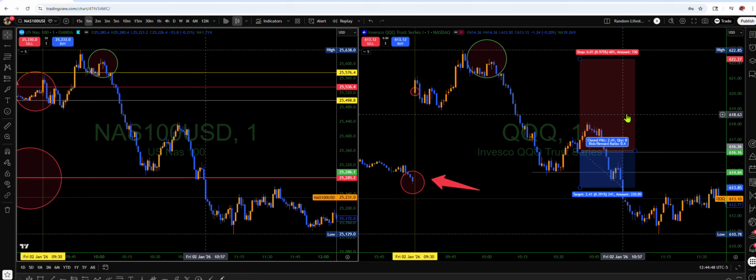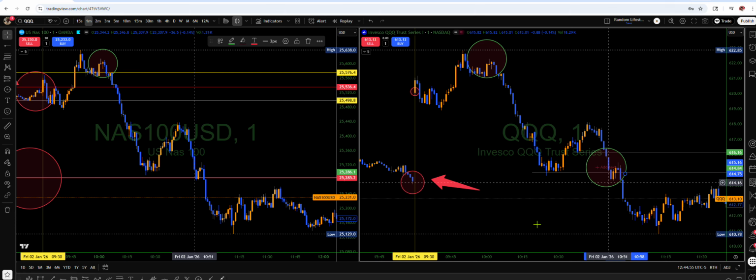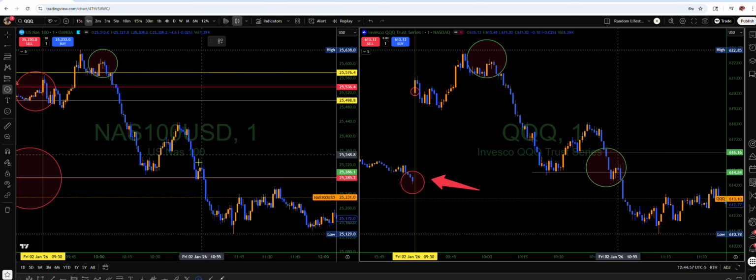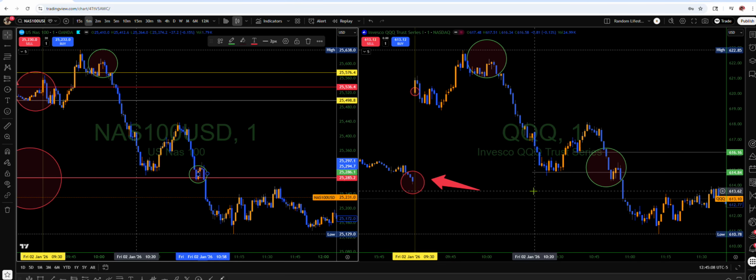Even when it created the barrier right here, it created one right here in the same spot. This was at, what, 10:55, 10:55. So the two of them followed each other.